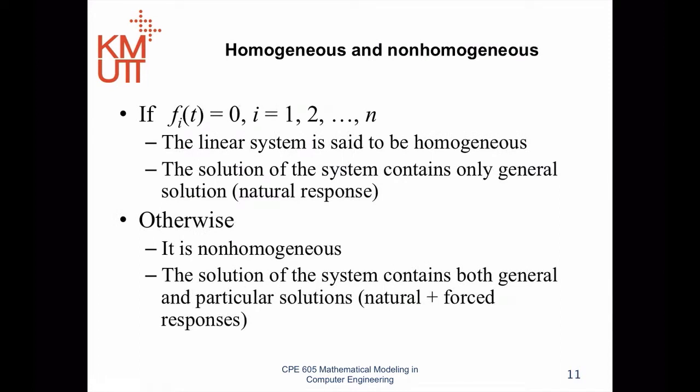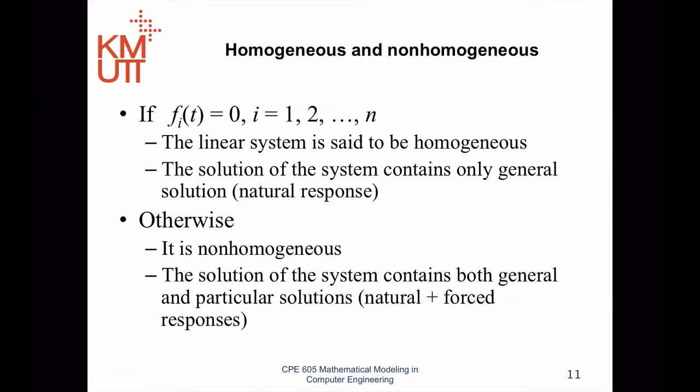Like in one variable differential equations, the equation can be homogeneous or non-homogeneous. If the external force equals 0, then the linear system is homogeneous, which makes the solution of the system contain only the general solution, or the natural response.